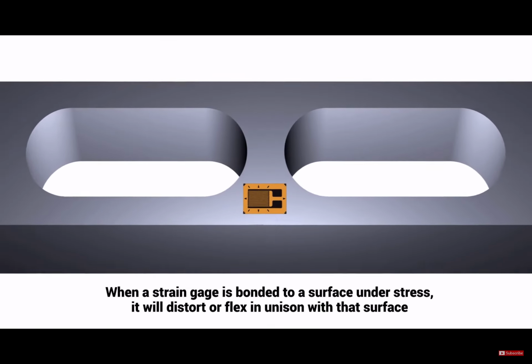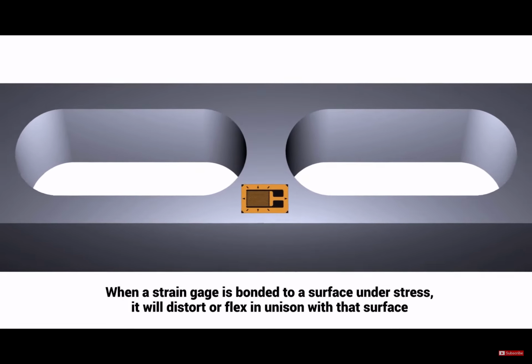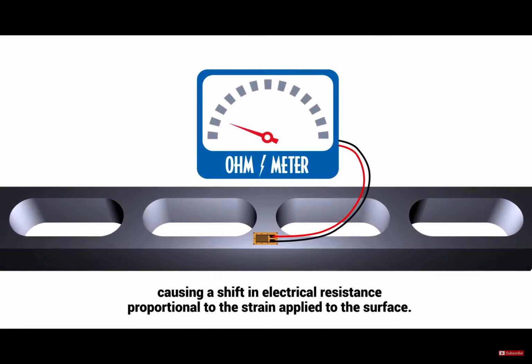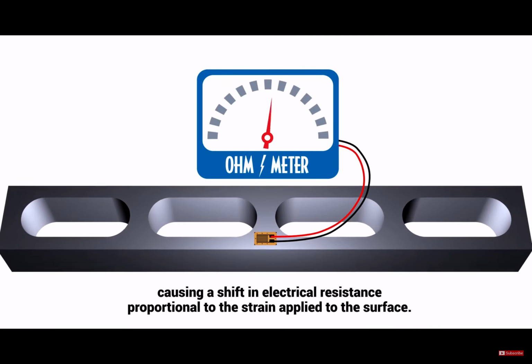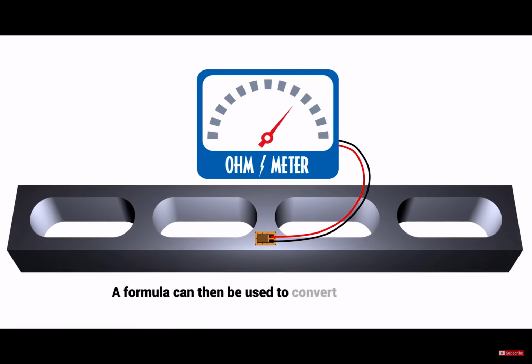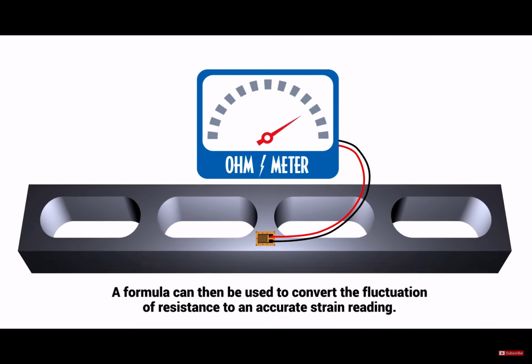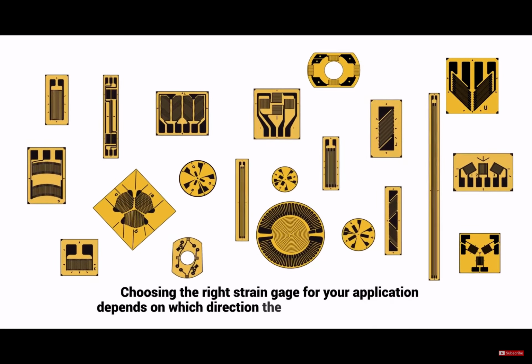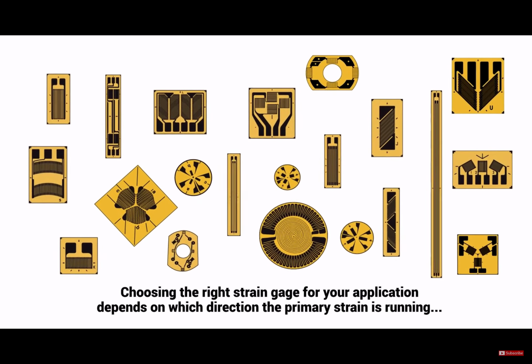And they can attach bonded to a member, structural member. And with the ohm meter to measure the strain, normal strain. They come with many different configurations, different types, as you can see here.